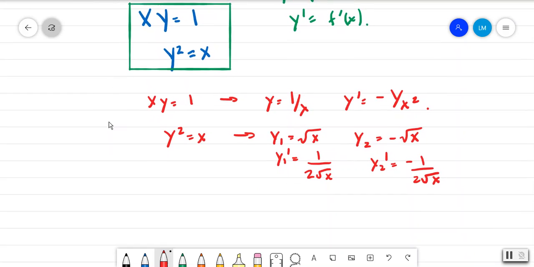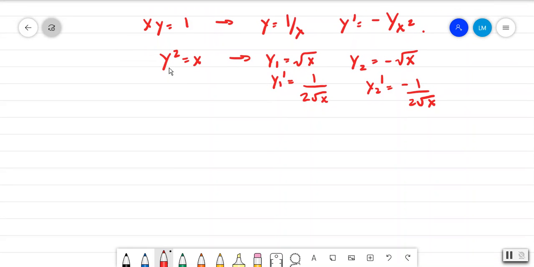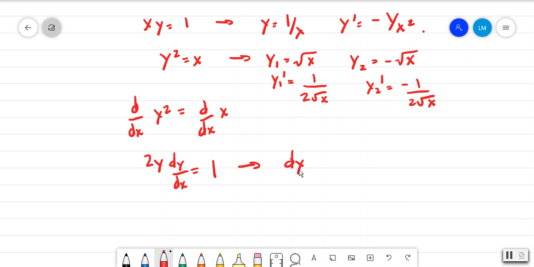But if we just take the derivative of each side respectively, we would not need to account for whether it is positive or negative and so on. So for example, if I look at the derivative of y squared and the derivative of x, this is 2y times dy dx because of the chain rule, and that equals 1, which means that the implicit derivative is going to be 1 over 2y.